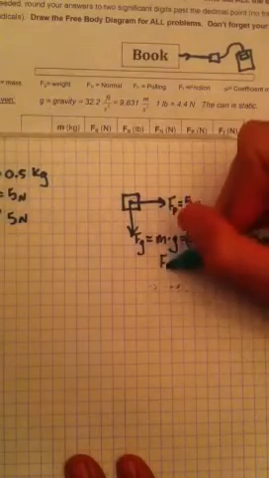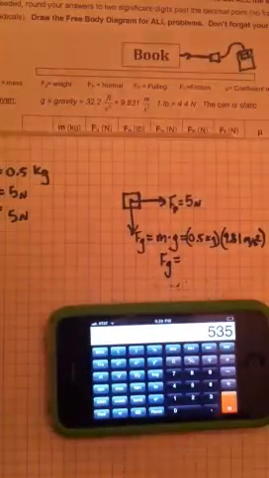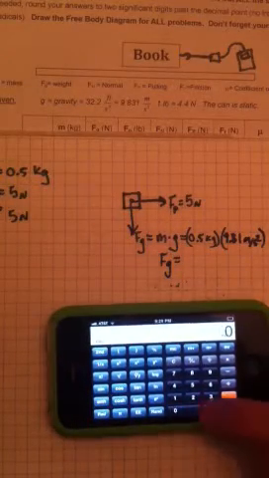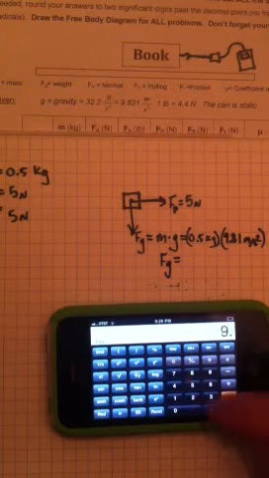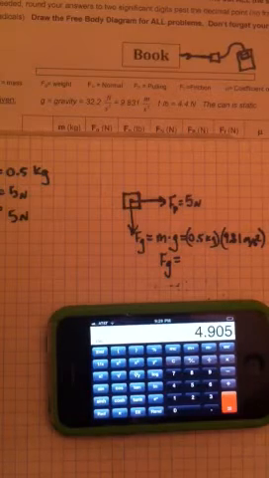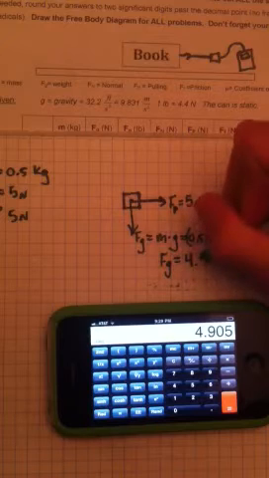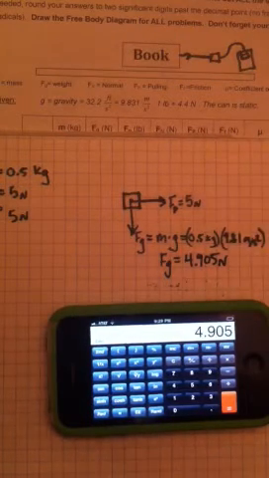And so the force of gravity acting on this half a kilogram mass, I'm going to now punch it in, 0.5 times 9.81 equals 4.905. So this has a force of gravity of 4.905 newtons pulling it down.